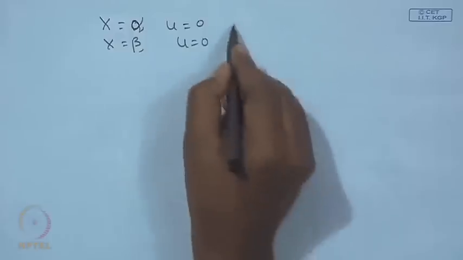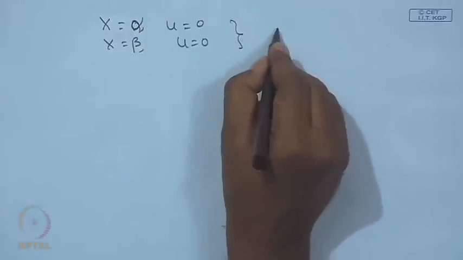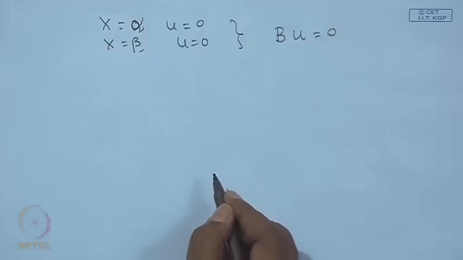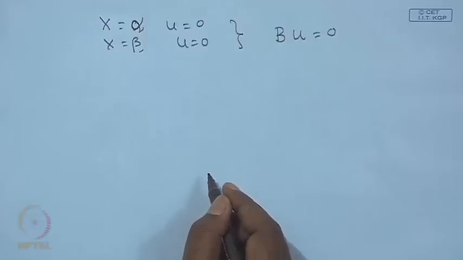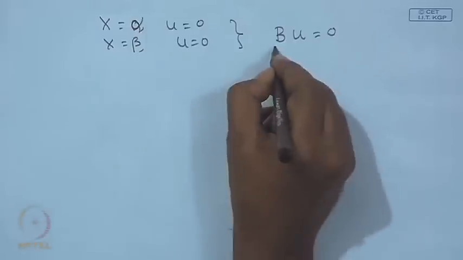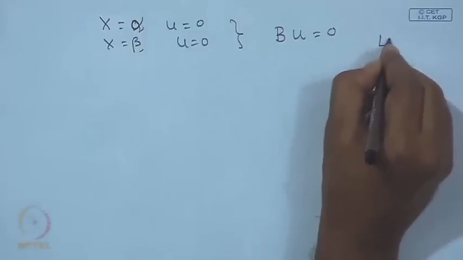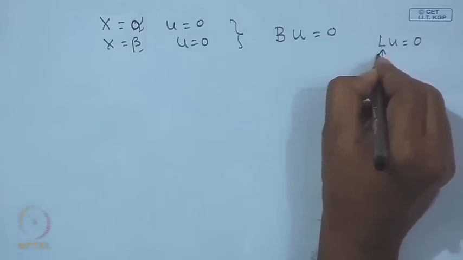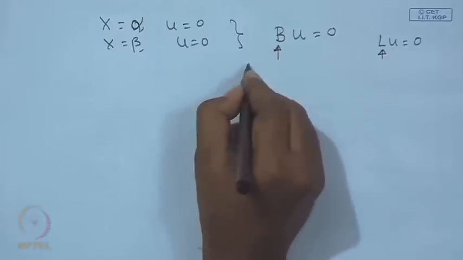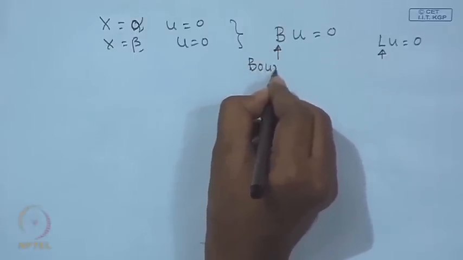These are the homogeneous boundary conditions. We call them in general Bu = 0. This is the notation: Bu = 0 means homogeneous boundary conditions, Lu = 0 means homogeneous governing equation. L is the main operator, and B is known as the boundary operator.